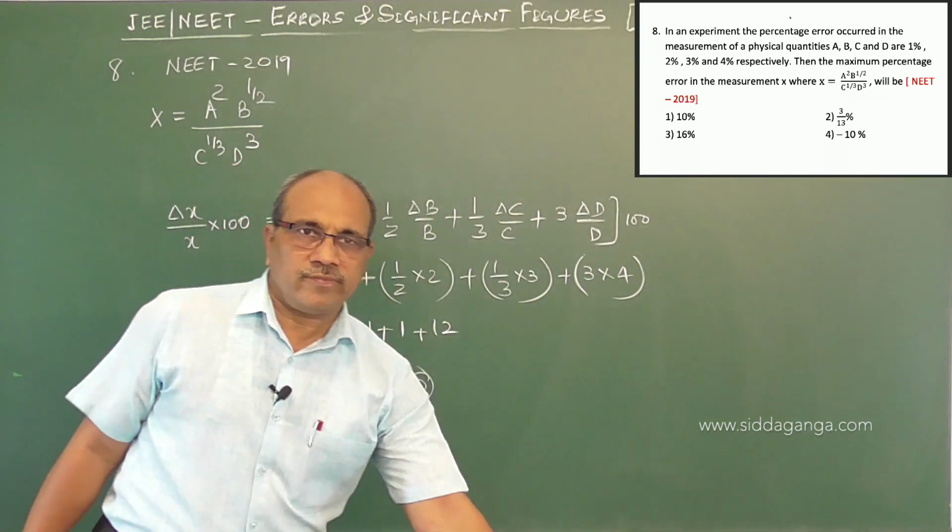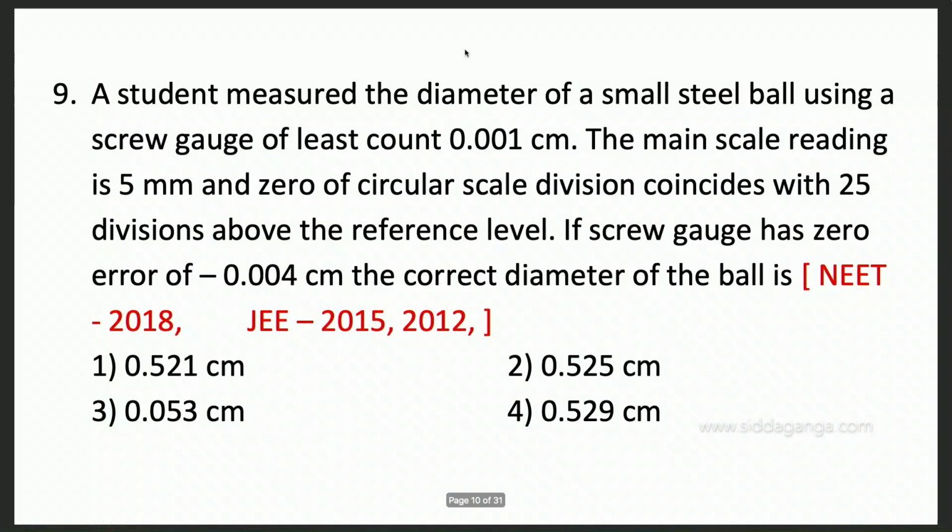Coming to the next. A student measured the diameter of a small steel ball using a screw gauge of least count 0.001 centimeter.